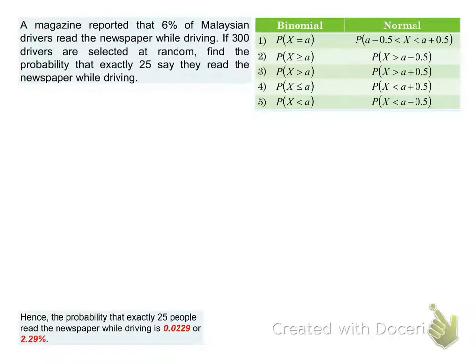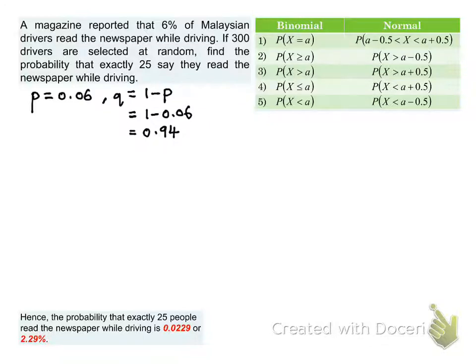Let's say for this case, a magazine reported that 6% of Malaysian drivers read the newspaper while driving. So now our p is 0.06. Automatically our q is 1 minus p, which is 1 minus 0.06, and we get 0.94.